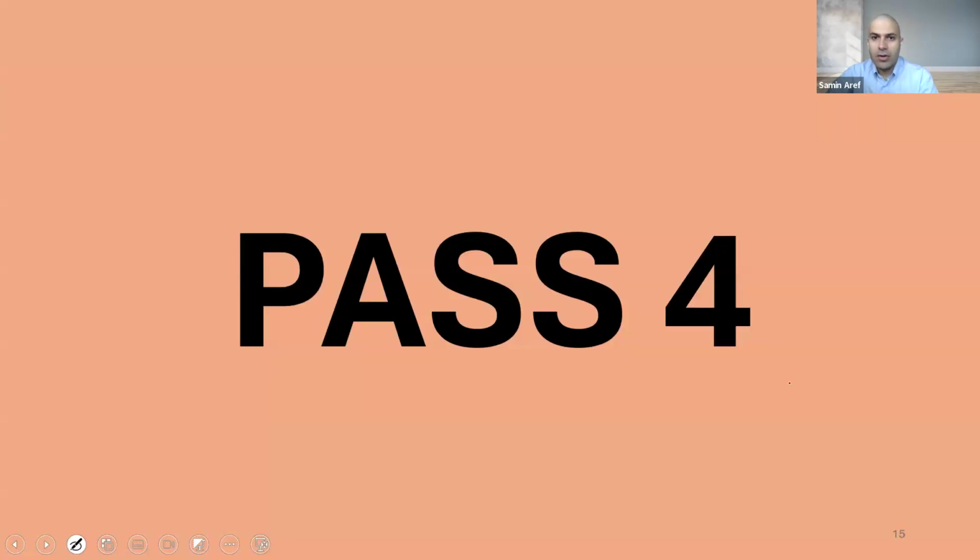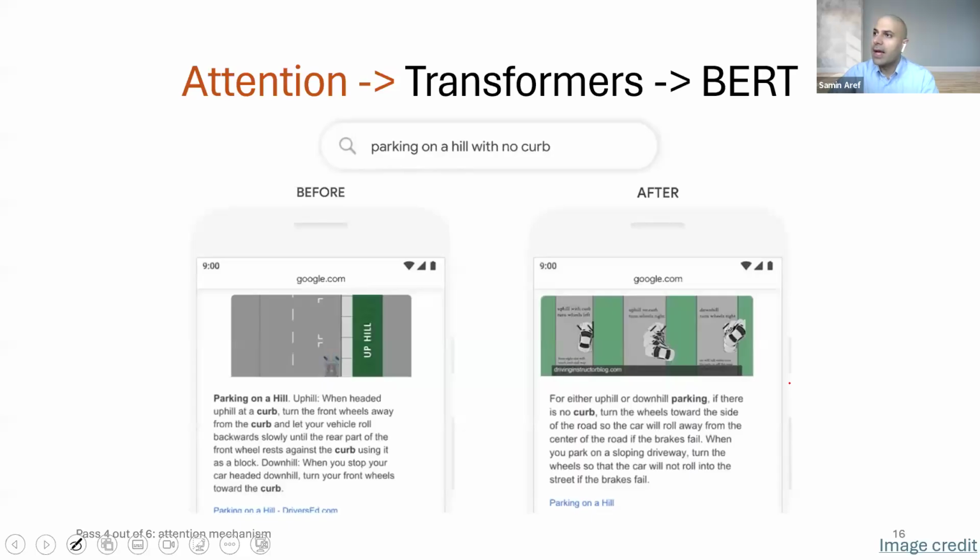All right, so now we're going to talk about the attention mechanism and its significance in language modeling. So attention mechanism was used in the transformer architecture, and transformers were fundamental to the development of the BERT language model. So in order to understand what attention mechanism does, let's go over this simple example.